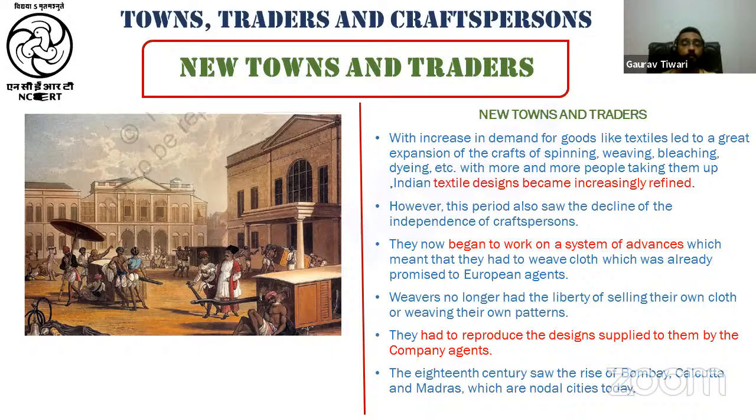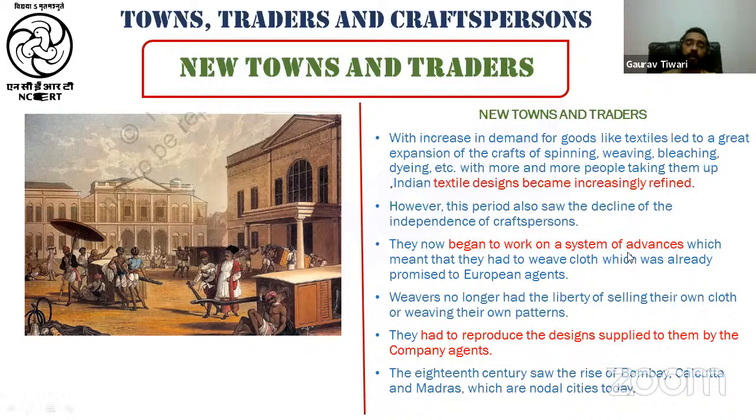Why is it so? Because they all started working on the system of advance. Now, what is the system of advance? It means that they had to weave clothes which were already promised to European agents. Just like we have contract farming, में क्या होता है? Farmers grow their crops and they sell it to the person who has signed a contract with them. जिसने भी उनके साथ contract sign किया होता है उनको ये अपनी crops बेच देते हैं.